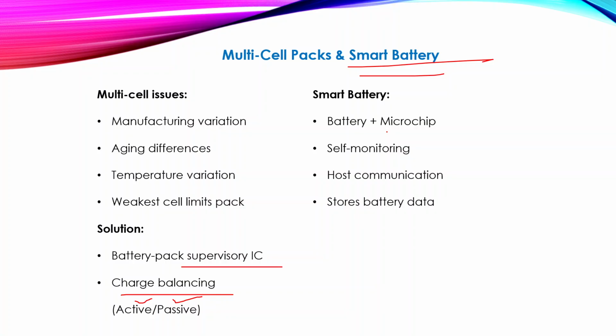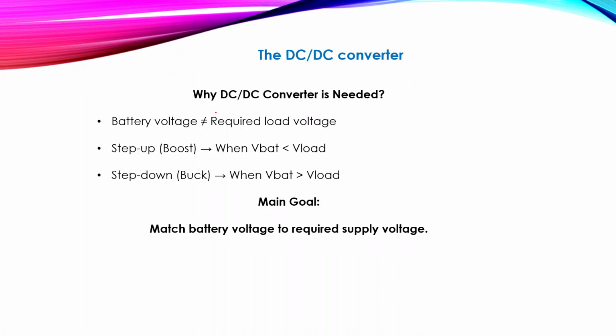Fine. Now coming to the next part of the BMS, the DC-DC converter. The basic task of a DC-DC converter in any portable system is to match the battery voltage to the required load voltage. Here I have mentioned the main goal is to match the battery voltage to the required supply voltage. If the battery voltage is lower than required, we use a boost converter. If it is higher than required, we use a buck converter.